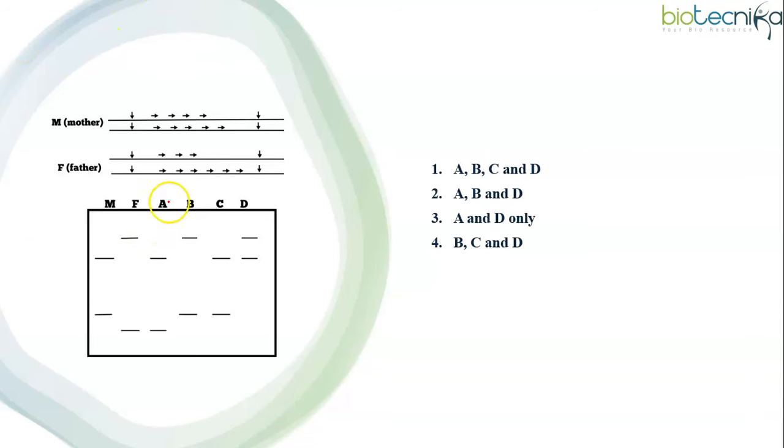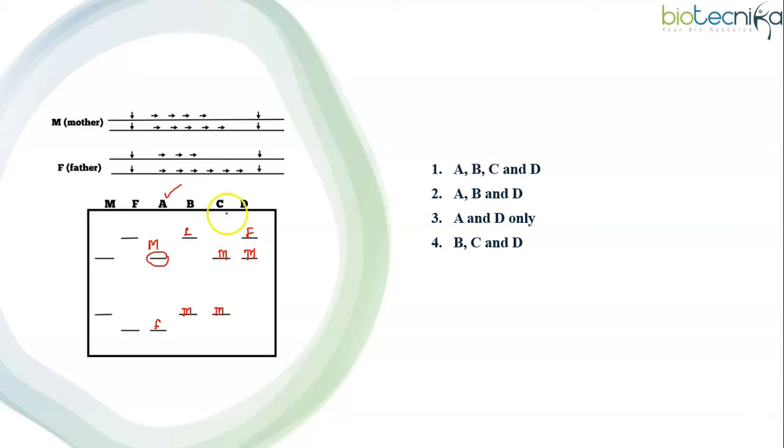If we compare progeny A, B, C and D, for A this band is common with the mother and this band is common with the father. Then for B, this band is common with the father and this band is common with the mother. For C, this band is common with the mother and also this band is common with the mother. Then for D, this band is common with the father, but this band is common with the mother.